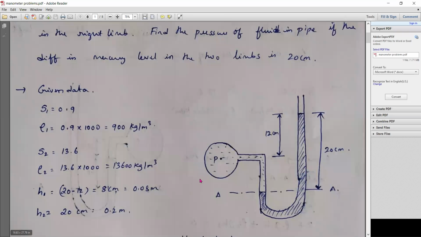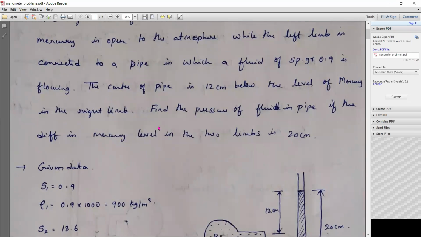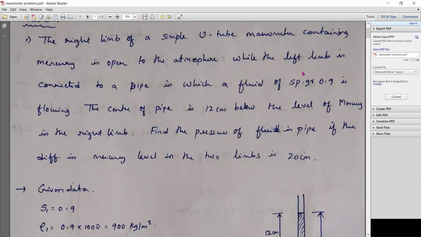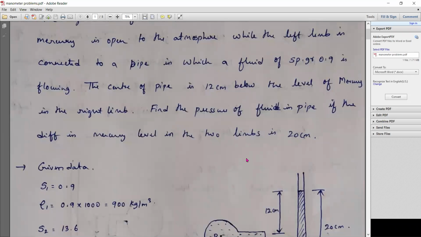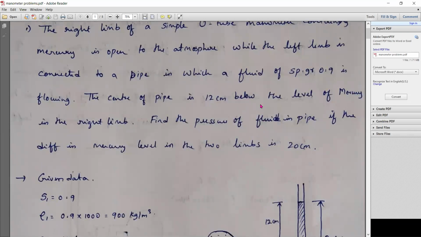Right. After drawing the figure, now take the given data, what he gave in the problem. So the first thing he gave is the specific gravity of the fluid. So given data: the specific gravity of the fluid is S1. Why did I write S1? Because we have one more fluid also, that is mercury. So remember that. S1 equals 0.9. We don't have any units for specific gravity.